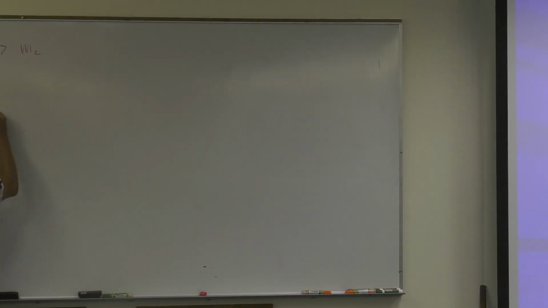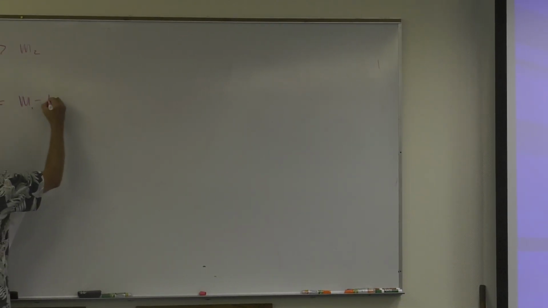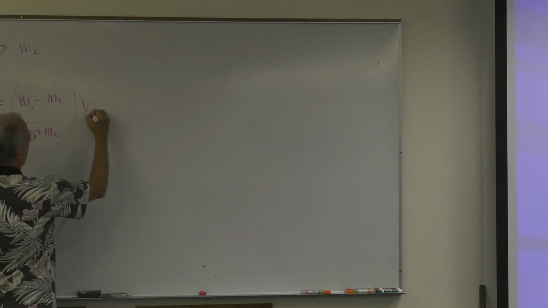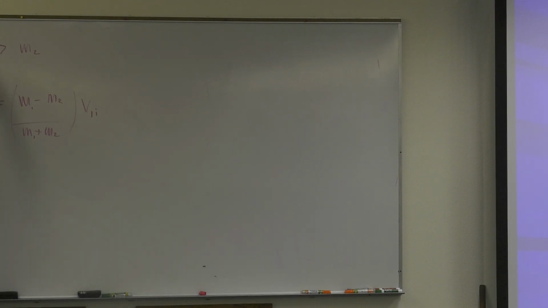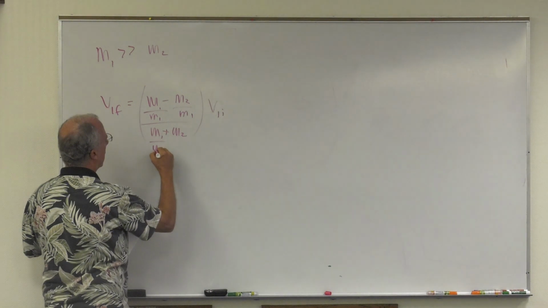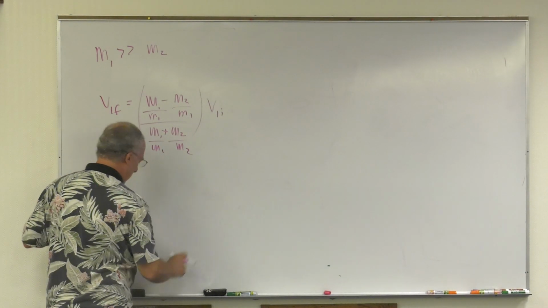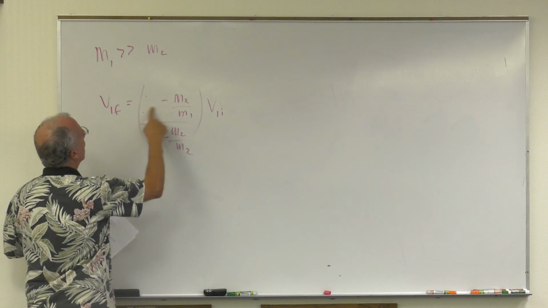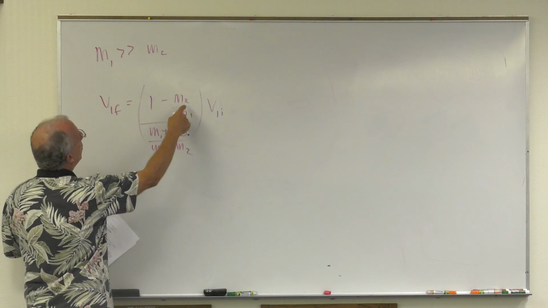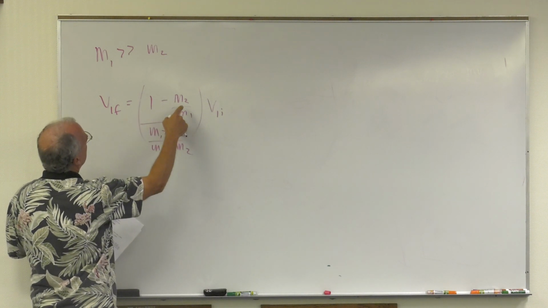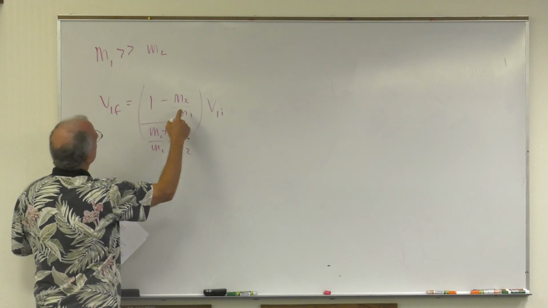So V1 final equals (M1 minus M2) over (M1 plus M2) times V1 initial. Divide by the larger one, which is M1 this time. M1 over M1 is 1. M2, the small one, over M1, the large one, is 0.